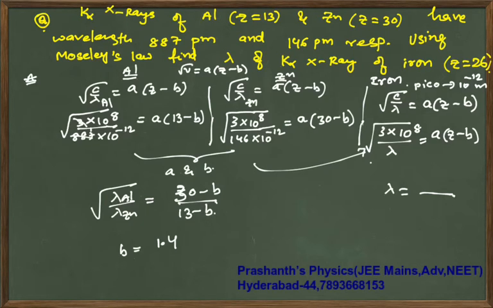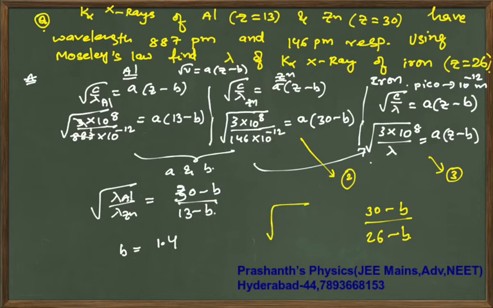So divide these two once again, without calculating A, because calculation of A will make it just lengthy. Once again you divide equation 2 and equation 3. So (30 minus B) by (26 minus B) is under root lambda by 146 picometers.